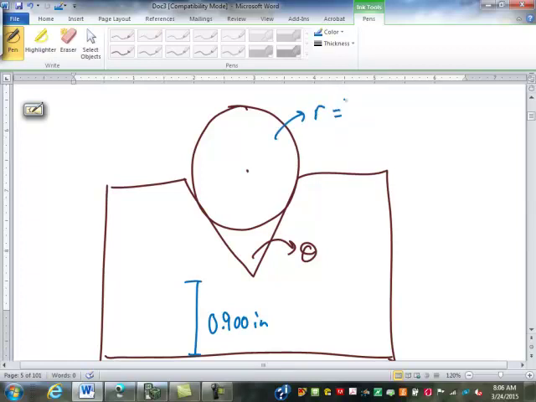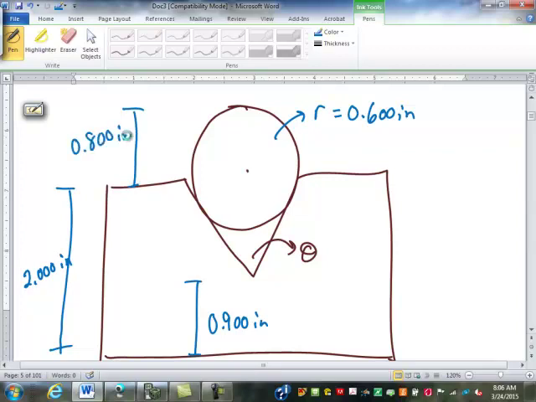We don't know what the angle is, no. Find that angle.